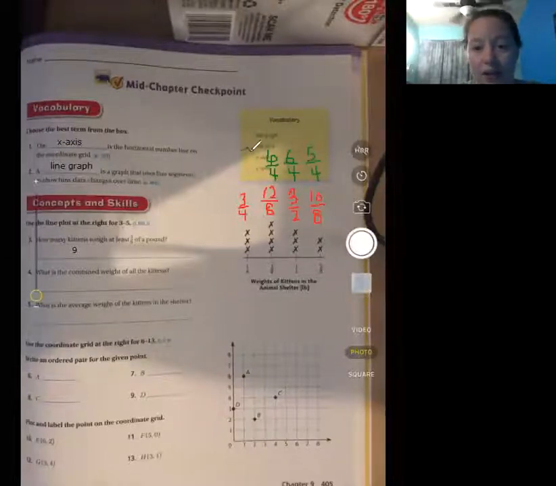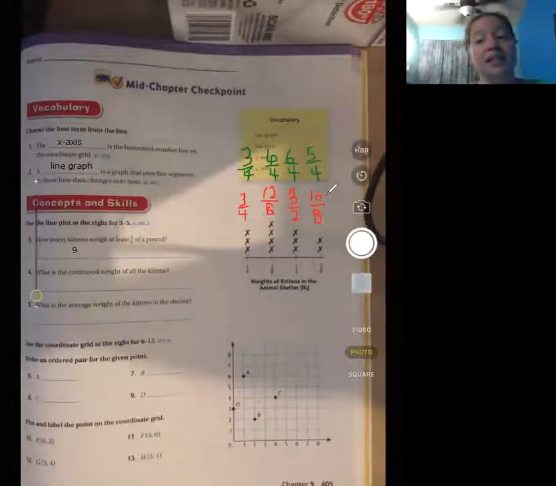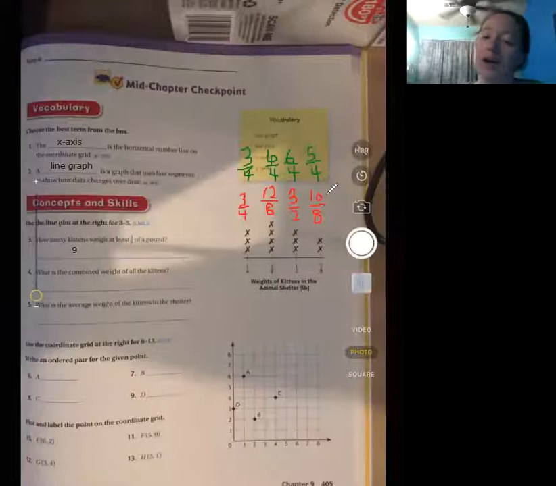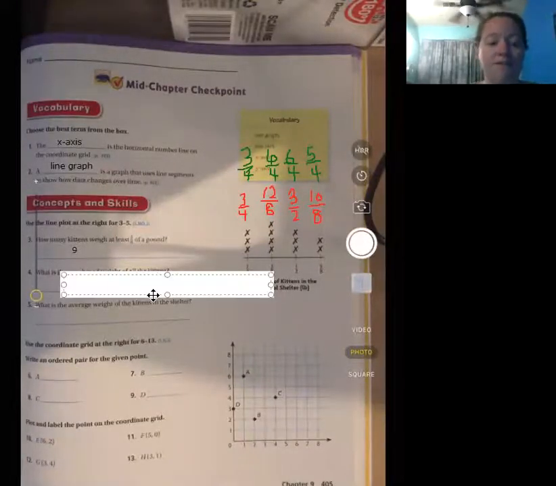So I now have 3/4, which stays the same, plus 6/4 plus 6/4 plus 5/4. So 3 plus 6 is 9, plus 6 is 15, plus 5 is 20, divided by 4 is 5.